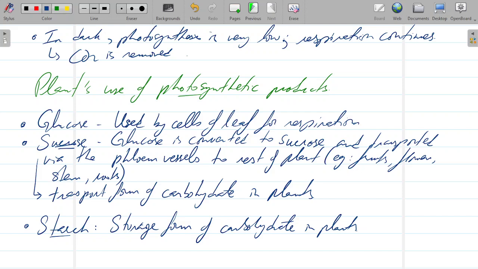And we know from our talk about biological molecules that starch is a polymer of glucose, so it's all made using glucose. And so you've got starch granules in the chloroplast. Any new glucose which is in excess is added to those granules, and so those granules grow in size.